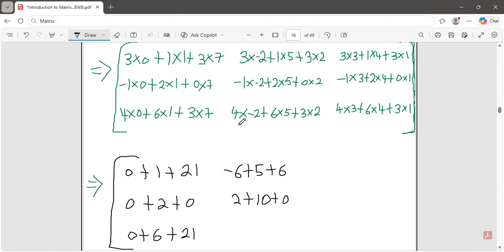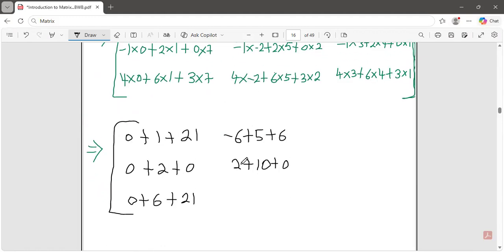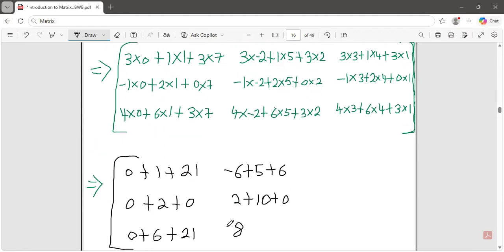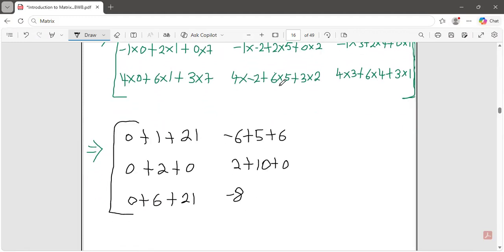But here we have to multiply negative 2 times 4, or 4 times negative 2. So 4 times negative 2 is going to give us 8. Okay, that is not just 8, it's going to give us negative 8. Yes, and then I bring my plus over here. 6 times 5 is going to give us 30.